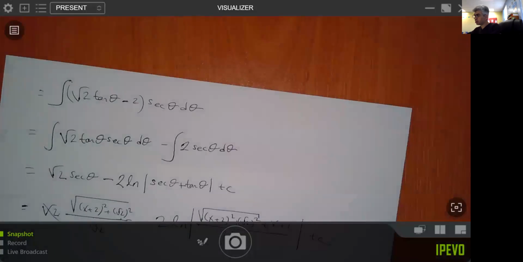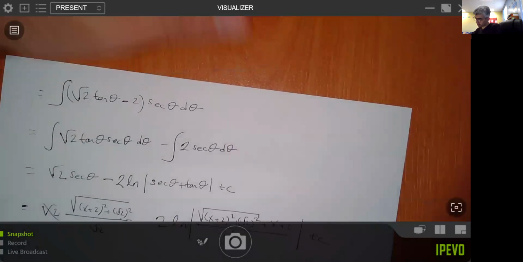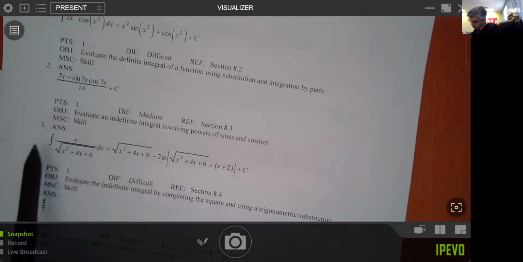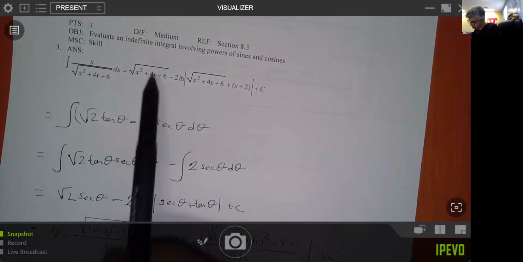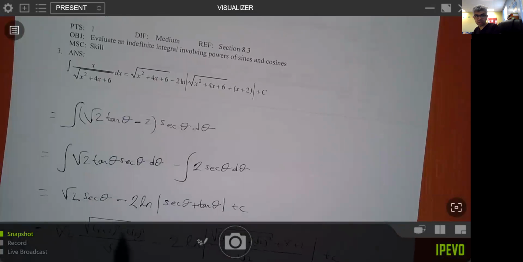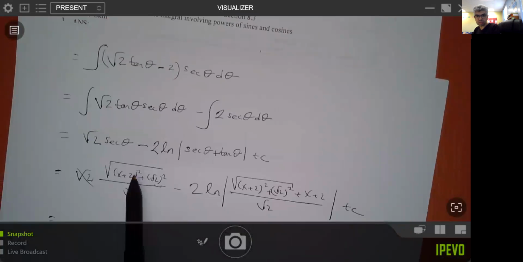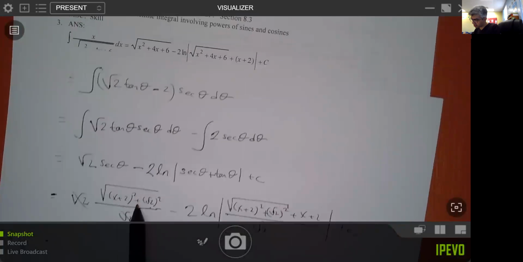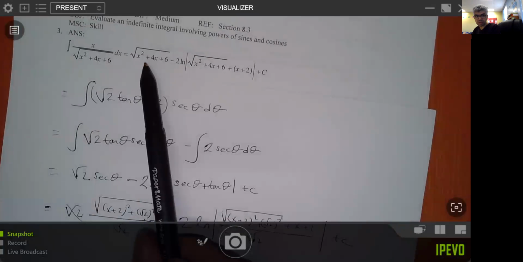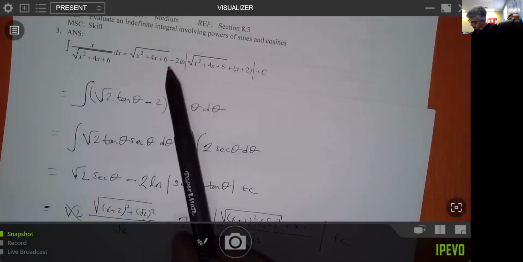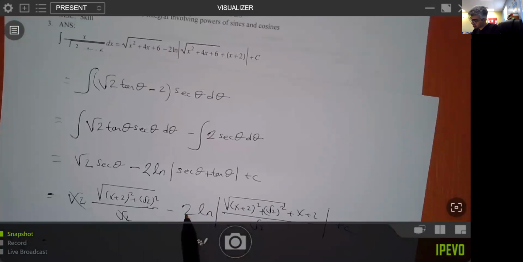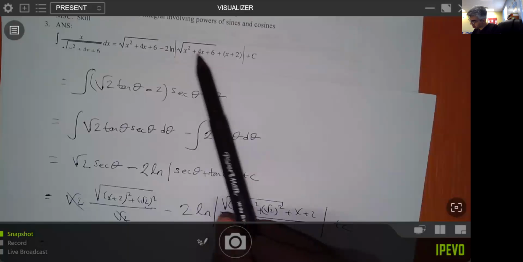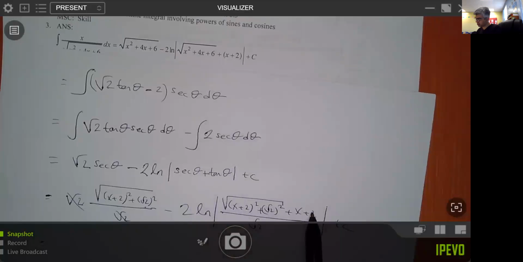Let's see here. So the square root of x squared plus 4x plus 6. When we open it, we will have this one. And then minus 2 ln of the square root plus x plus 2.